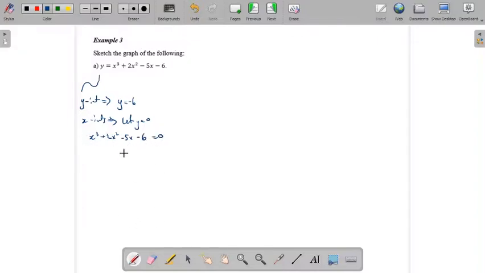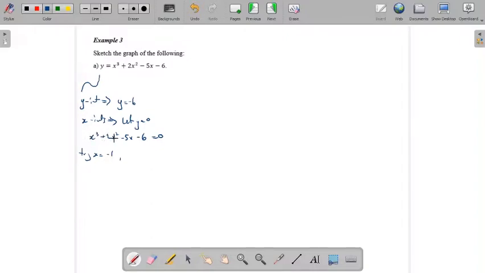Now how do we solve that? We have to go back to the previous work we did, factorize and solve. Okay, so what we're going to do is have a look. We need to find one linear factor, and by trying x equals -1, that will actually work because -1 cubed is -1.